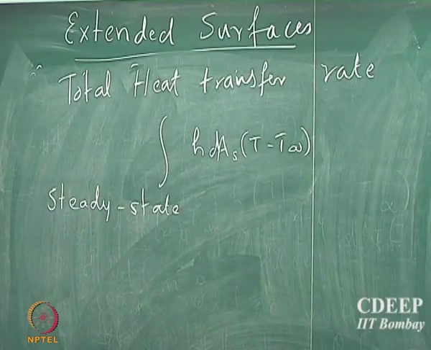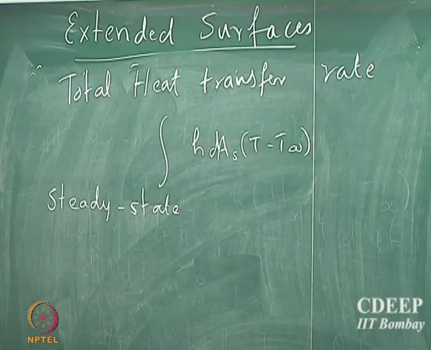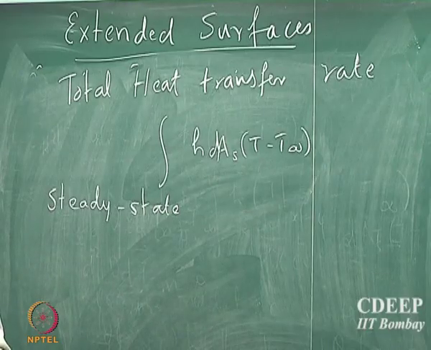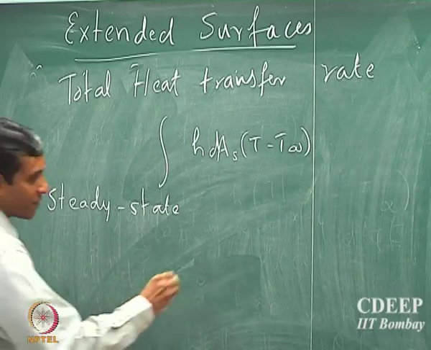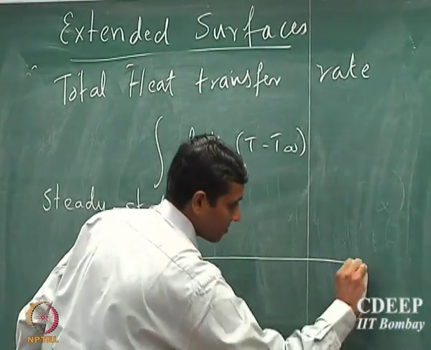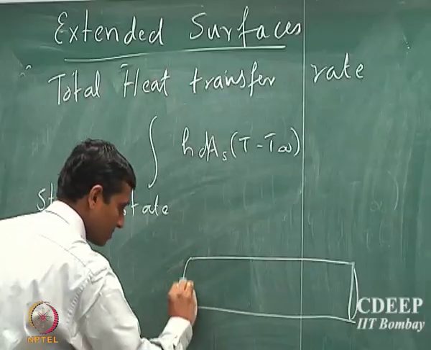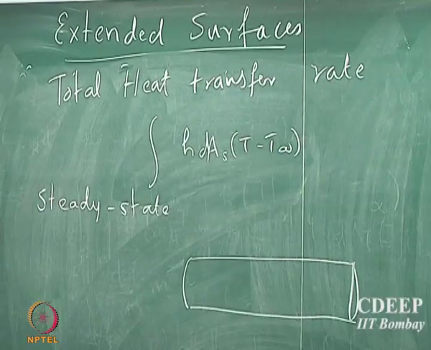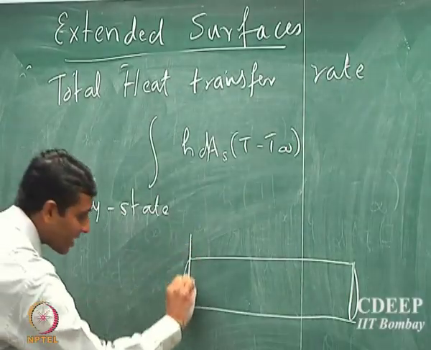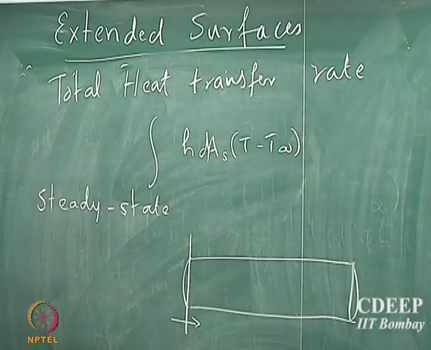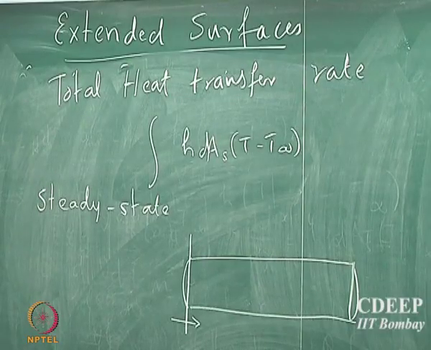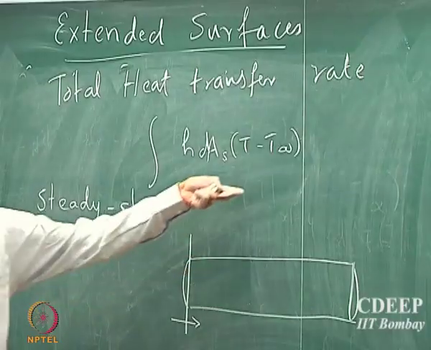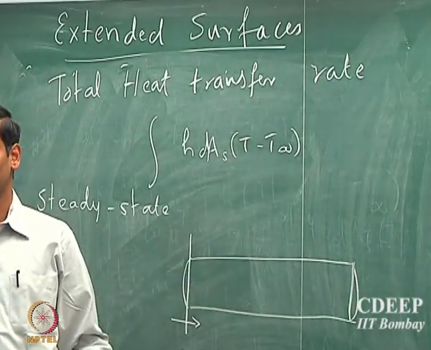So, if it is under steady state conditions, it means that the temperature profile remains constant, right, it does not change with time. So, supposing if this is my fin, because I impose a steady state condition and there is no heat generation inside, so whatever heat that is actually transferred to the fin at the base should be equal to whatever total heat that is being transferred, right.